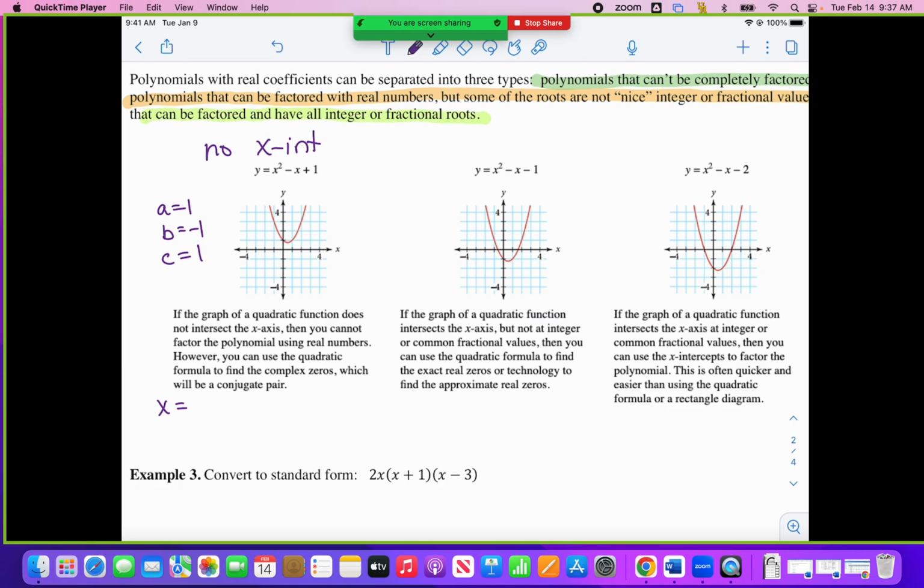So x equals negative b plus or minus the square root of b squared minus 4ac, all over 2a. So that's 1 plus or minus, now I'm going to get the square root of negative 3. So this is 1/2 plus or minus radical 3 over 2i. So it does have 2 complex roots.